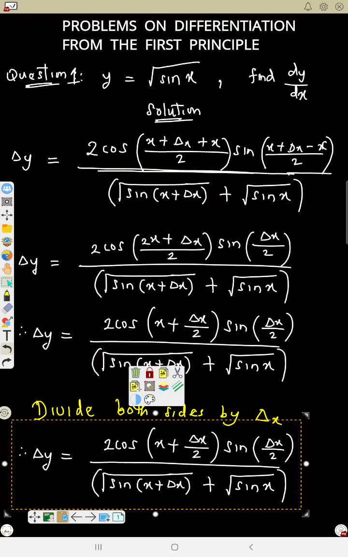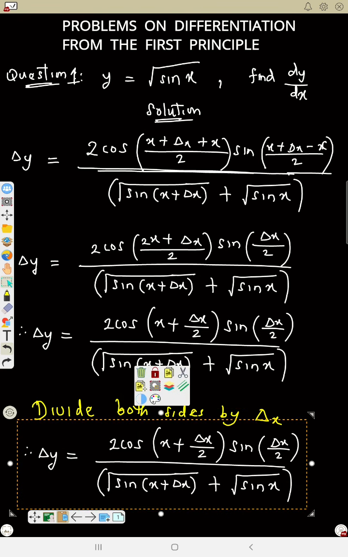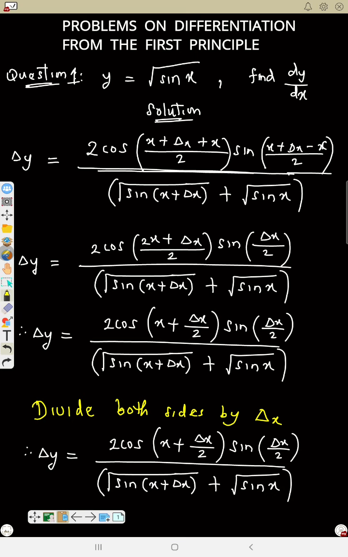If you divide by delta x, then this will be divided by delta x, meaning you have divided by delta x over 1. If division changes to times, it will change to 1 over delta x, so the delta x will still be here. So take note.